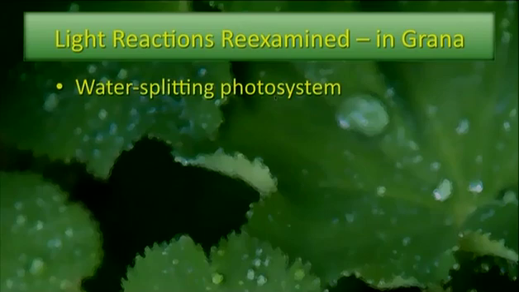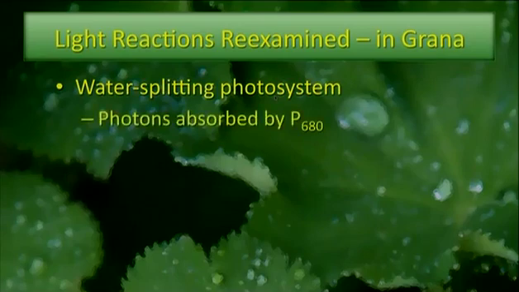Now, photosystem 2 is also known as the water splitting photosystem. The photons are absorbed by pigment molecules, which ricochet it around until it reaches P680. Then electrons get excited, which means they're at a high energy state. Excited electrons are unstable.